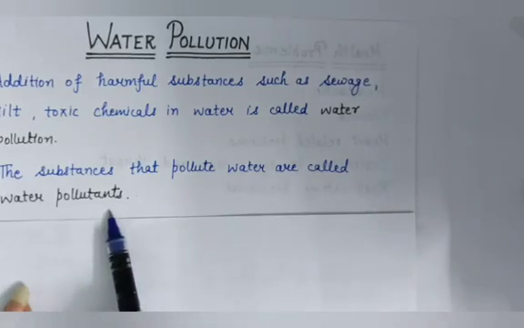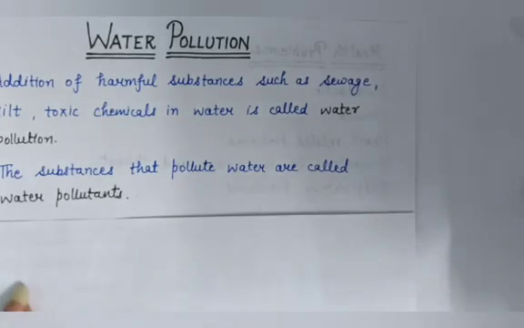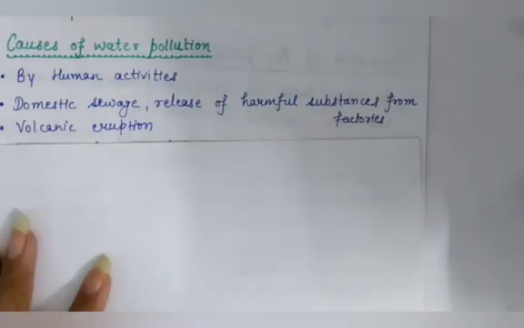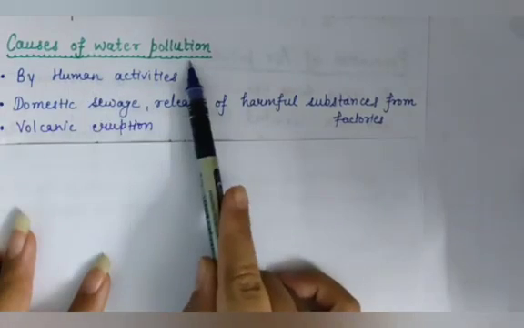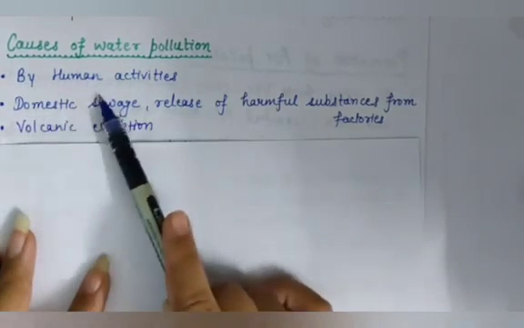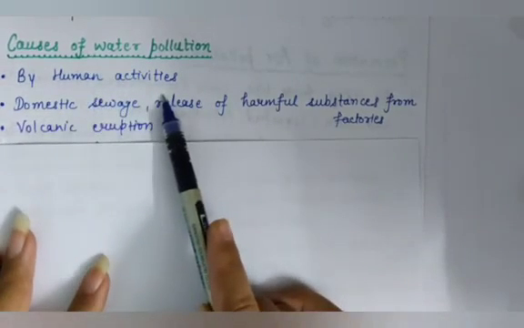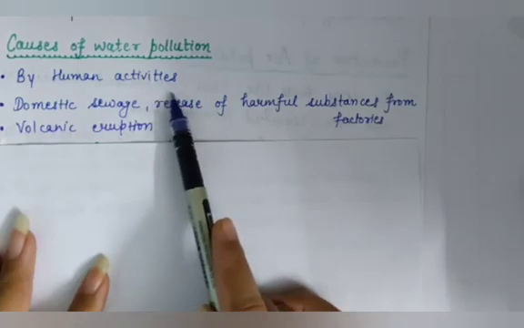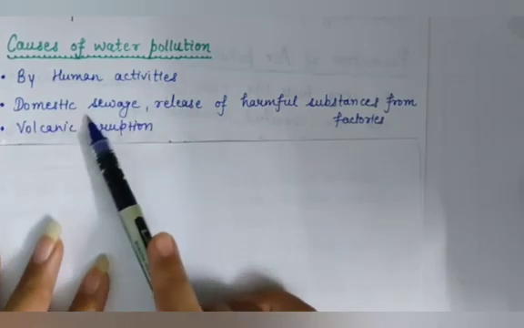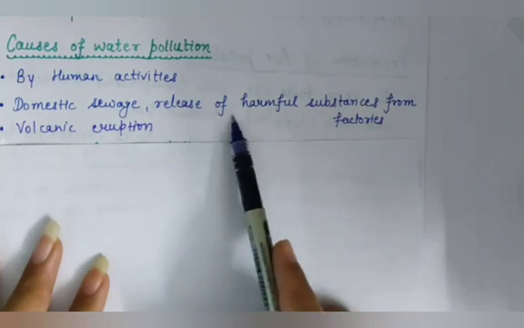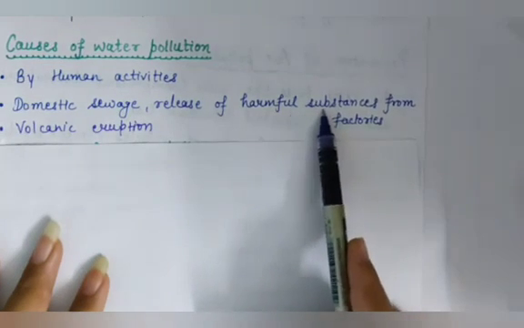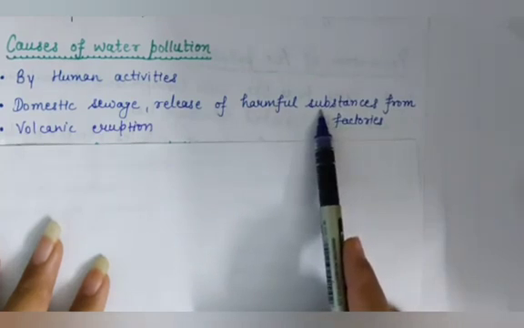Now, what are the causes of water pollution? Water pollution is mostly caused by human activities. Domestic sewage, release of harmful substances, washing clothes and bathing.